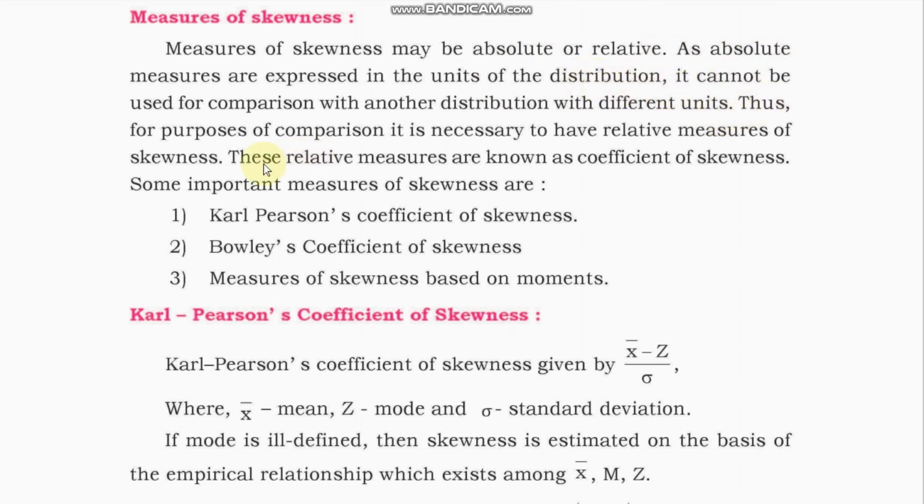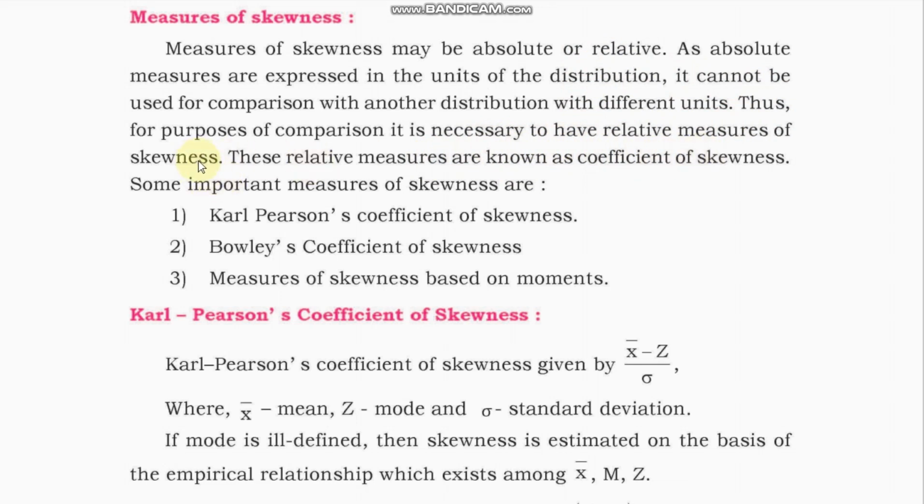Such measures cannot be used for comparison with another distribution with different units. Suppose you have two distributions with two different units, say one in kilograms and another in pounds. You may not be able to use absolute measures of skewness here. So for the purpose of comparison, it is necessary to have a relative measure of skewness.